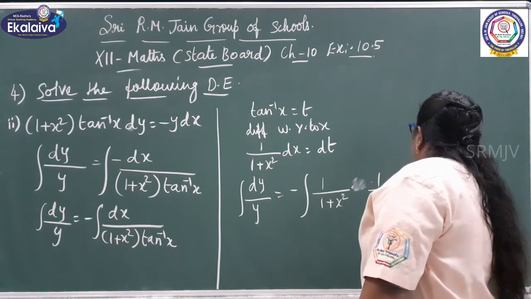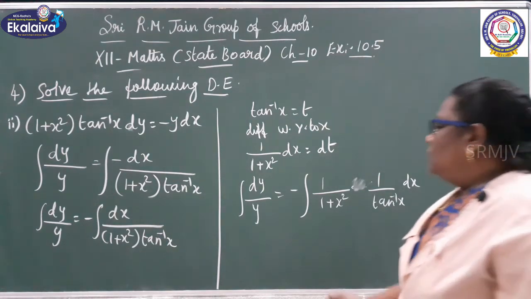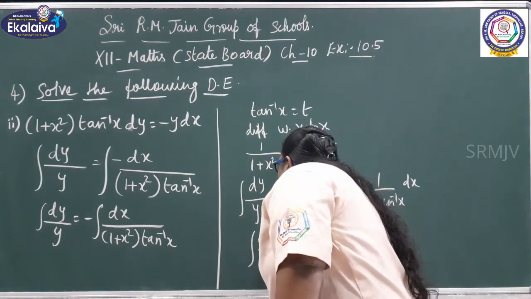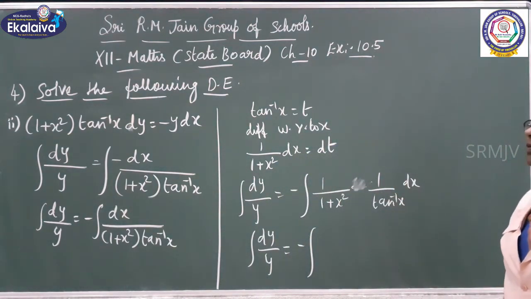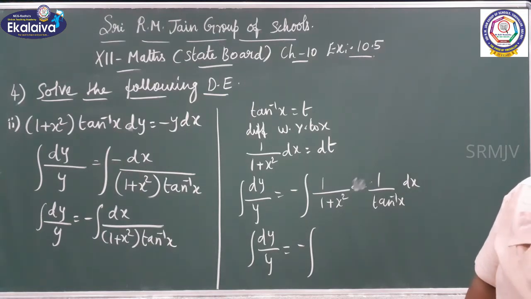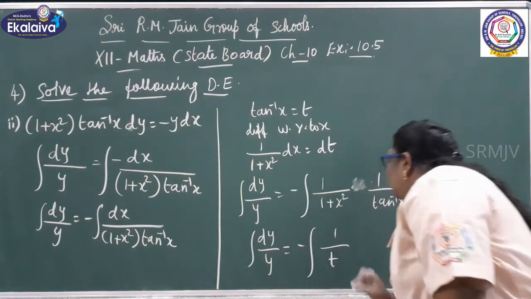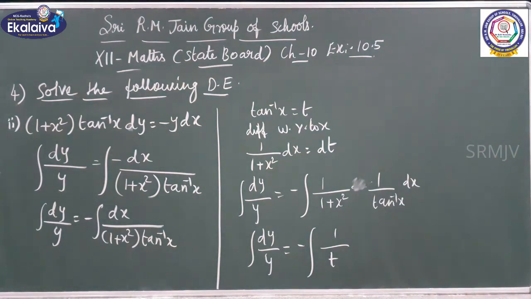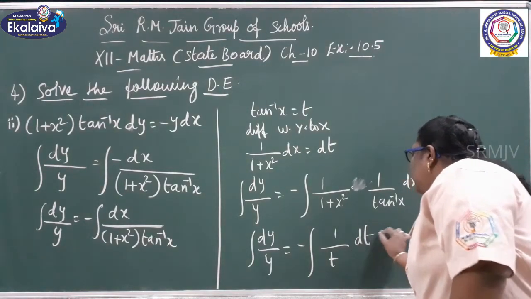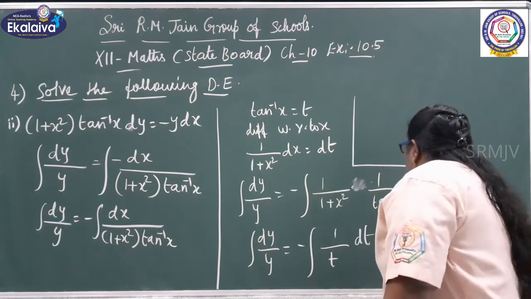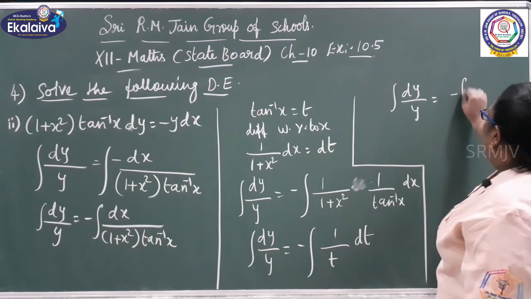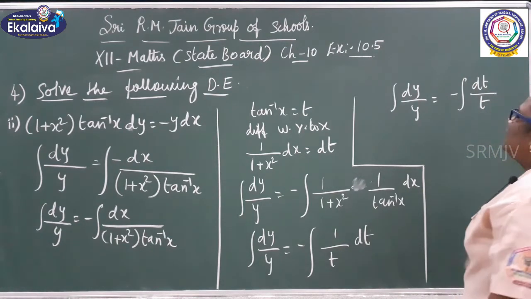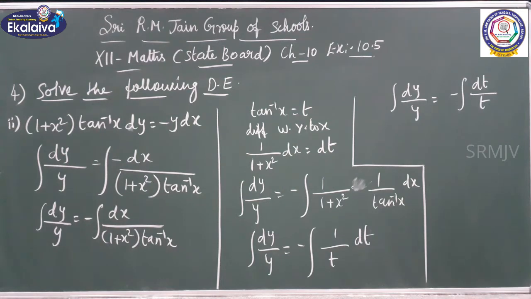Tan inverse of x we kept as t, so you can write it as 1 by t into 1 by 1 plus x square into dx equal to dt. So see here, integral dy by y equal to minus integral dt by t.